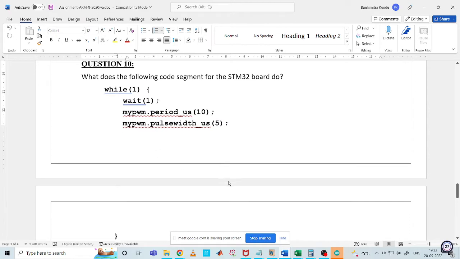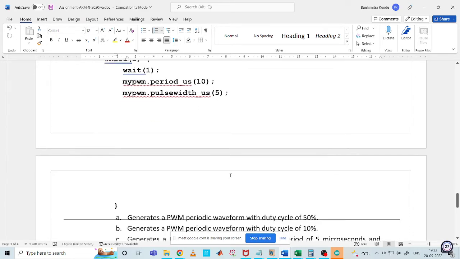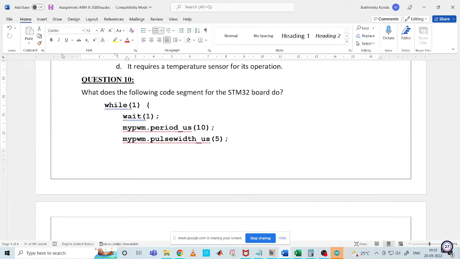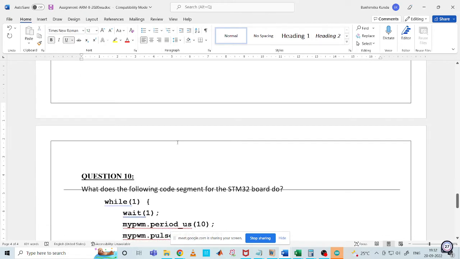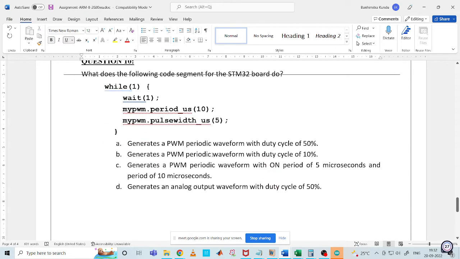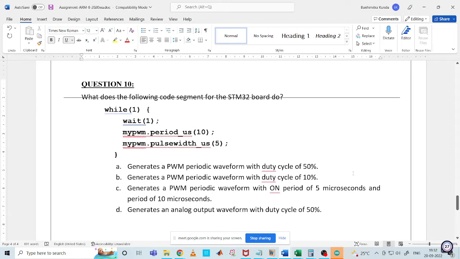Question 10. Wait, I'll open the full question. A and C. Can someone explain?